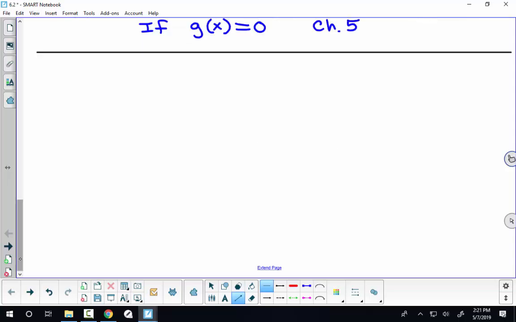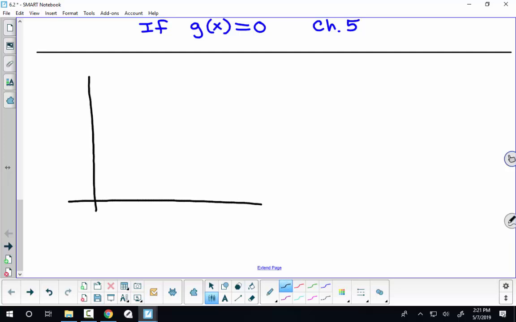All right, one other thing that we see here in this section, it's based on the same idea, but maybe we have instead a function of y. Let's call this h of y, and we'll call this j of y.